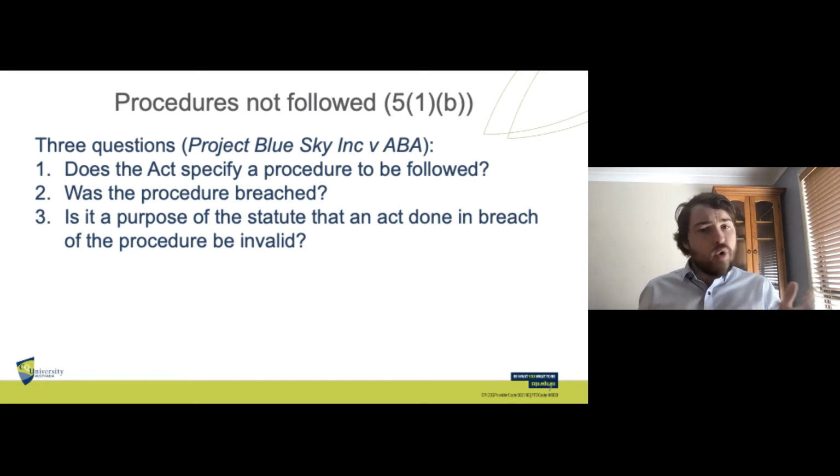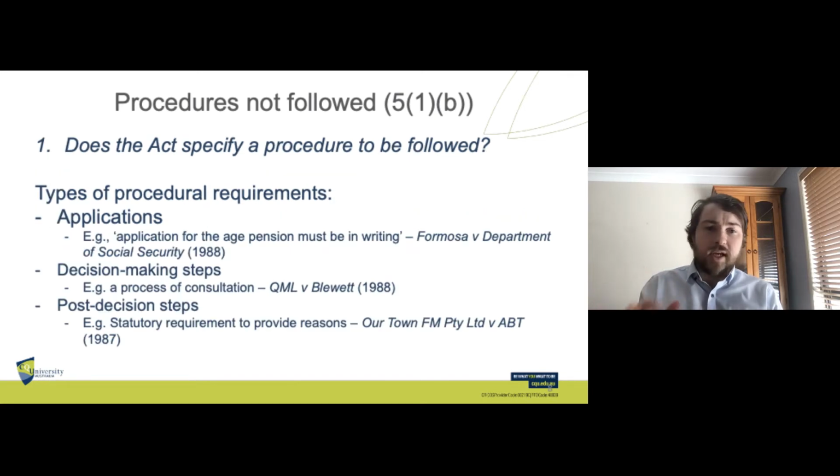So not all breaches of procedure will necessarily invalidate the decision. So we need to work out, based on the statute as a whole, whether failing to follow the procedure should invalidate that decision. So the first step, does the Act specify a procedure to be followed?